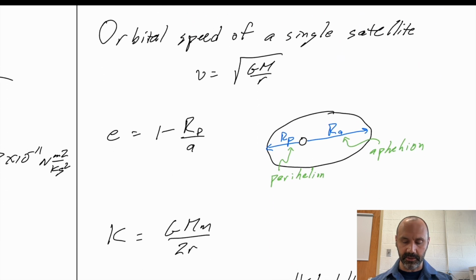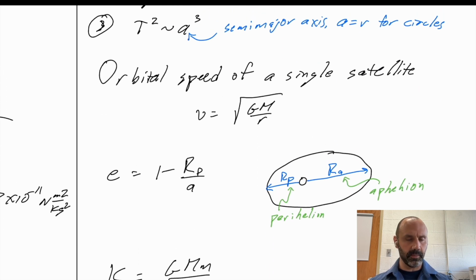And finding eccentricity, this is a pretty rare thing to show up, but not a bad thing to know anyway. Eccentricity is 1 minus rp, so rp is the perihelion, divided by a.